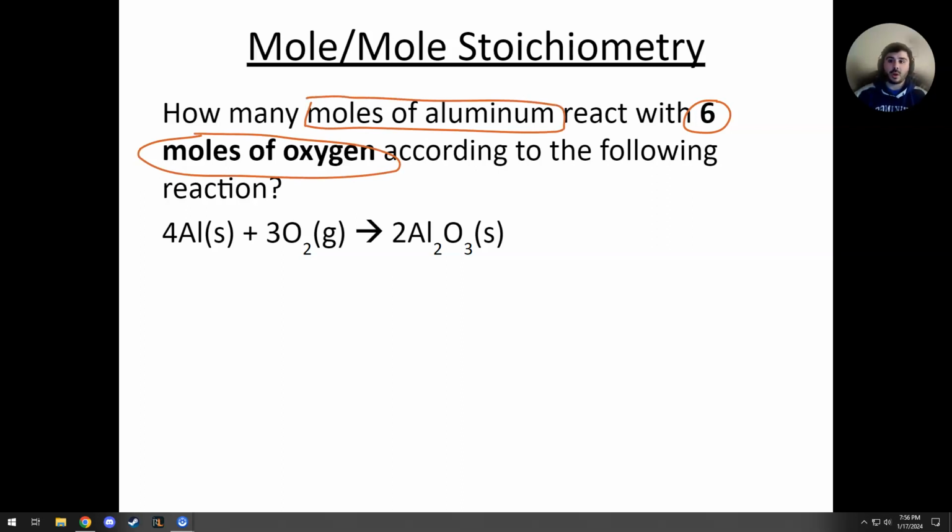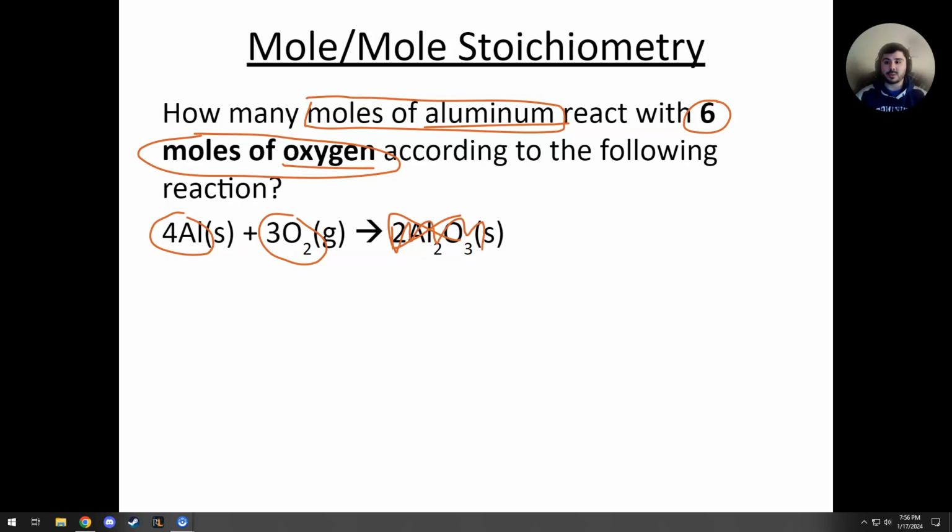So we've circled our 6 moles of oxygen, and we're looking for moles of aluminum. That means we're working with just the 4Al and the 3O2, not the Al2O3 at all. So we can cross this out to a degree.